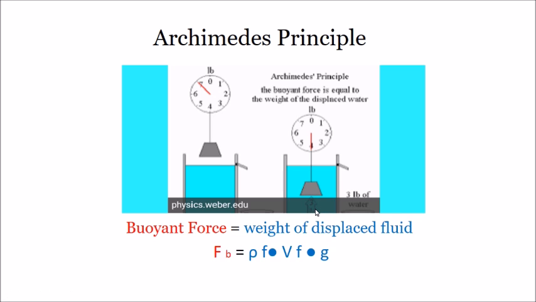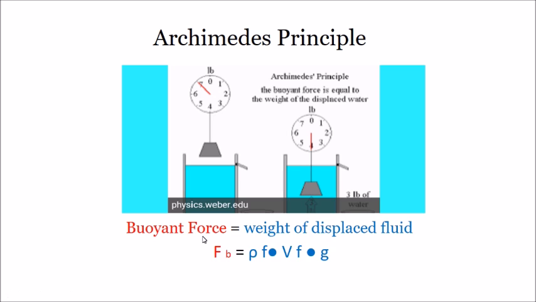So when we talk about the Archimedes principle, it describes the relation between the buoyant force and the volume of the displaced fluid, but also the density of the displaced fluid.